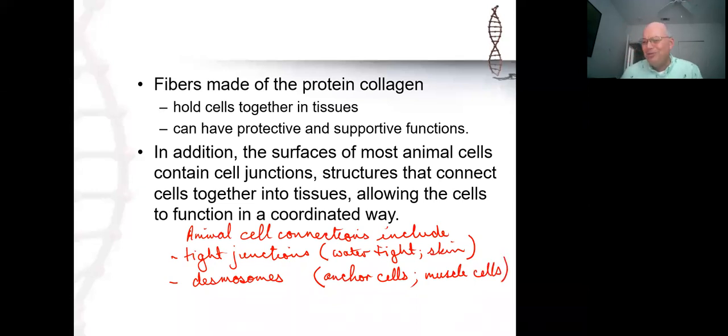In muscles, these are what you break when you tear a muscle. This is why a muscle tear hurts so much, because you're ripping open these connections between the muscle cells, and it really hurts. And then we have something called gap junctions. And these are for communication.